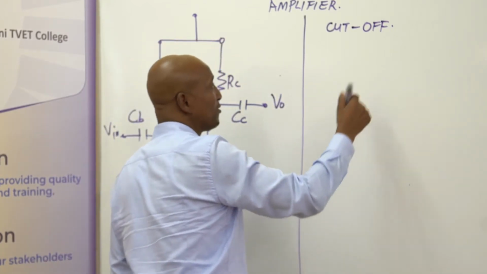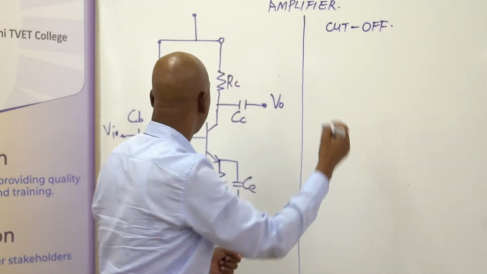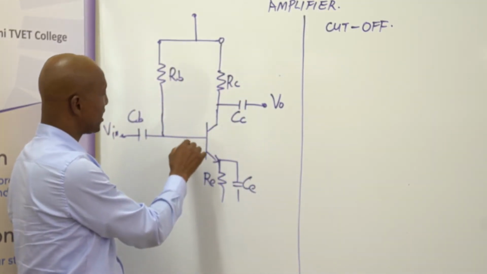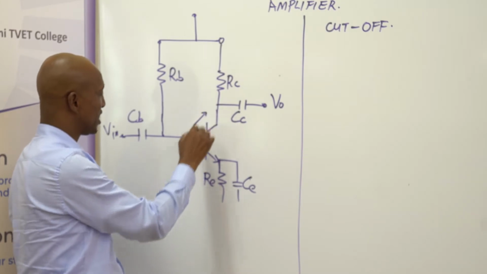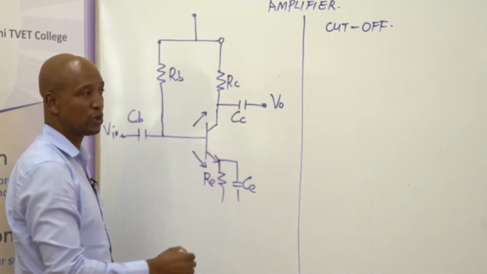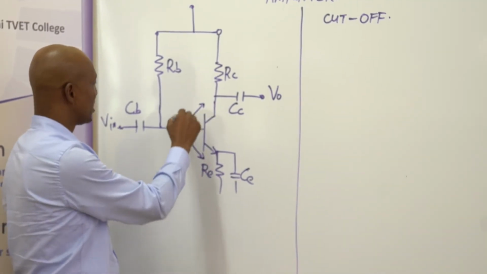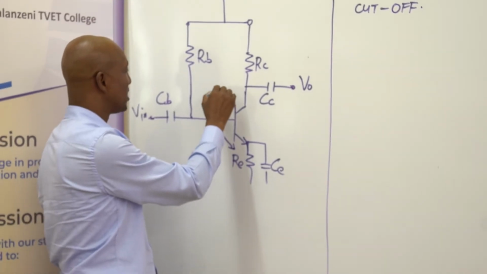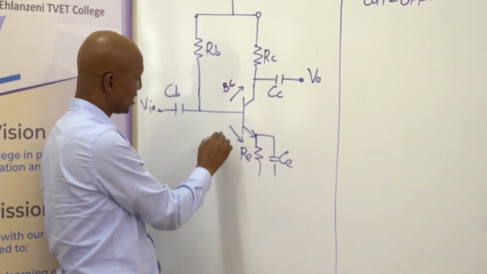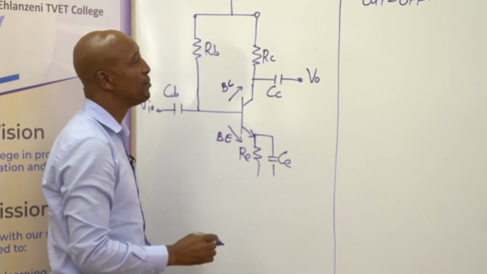What happens in the cut-off region is that if you look into our transistor, we have the base and the collector. So we have a junction here and we have a junction there. We've got 2 junctions. And this junction, it's called the base collector, and this junction is called the base emitter.